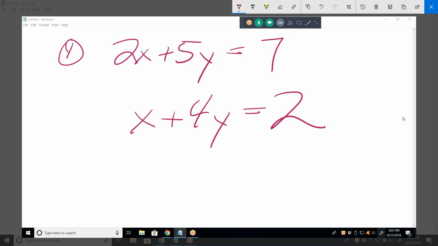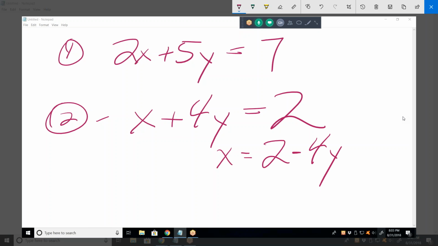Now, this is actually hard to do with substitution because I've got to manipulate one of the equations. So let's manipulate this one. This one's not too hard to manipulate. I can turn it into an equation that's not quite in slope-intercept form, but I don't need it to be in slope-intercept form, because all I need is one variable to be solved.